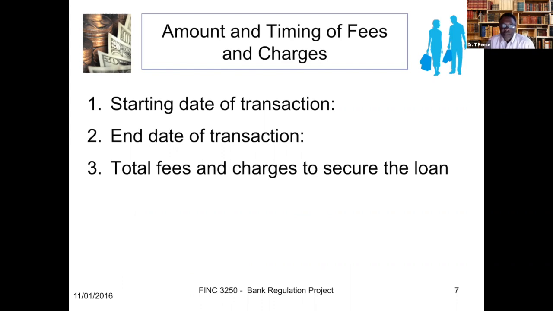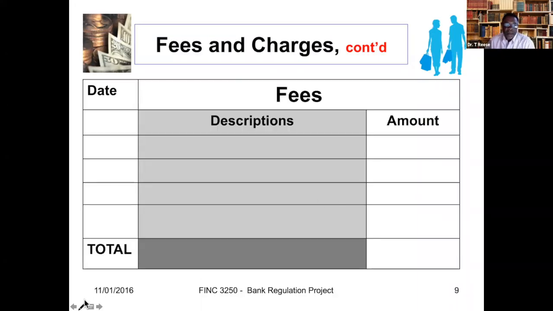So in other words, you'd have your loan outstanding for 2 months. Typically, title loans are outstanding for a month. But what I suggest for this purpose is that you have your loan outstanding for 2 months, start August 1st and end September 30th. You're going to then outline all of the fees and charges required to secure this loan.